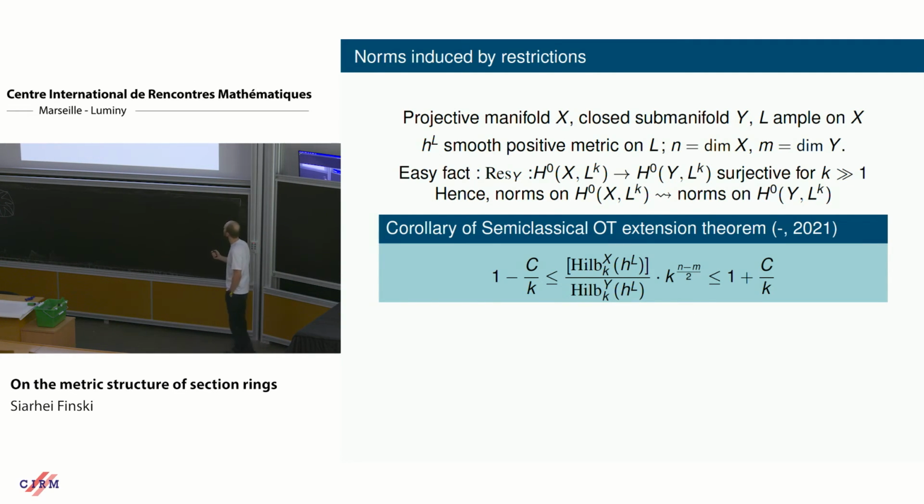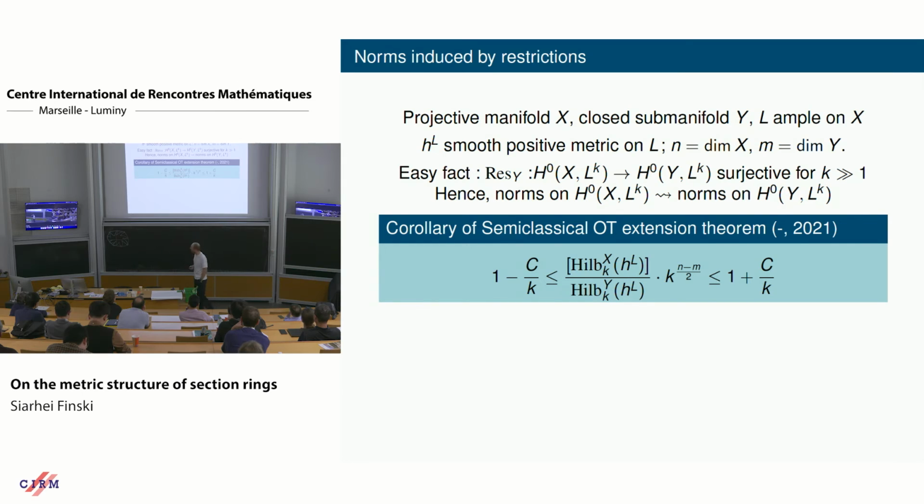Well, if you look at this theorem stated like this, probably it's not very clear why it's called the Ohsawa-Takegoshi extension theorem, because the Ohsawa-Takegoshi extension theorem tells you about the extensions of holomorphic sections. Well, what I would like to say is that if you try to prove the upper bound here, and you use the definition of the quotient norm, everything boils down to proving that for any holomorphic section over the submanifold, there is a holomorphic extension for it with a reasonable bound on the L2 norm of this extension.